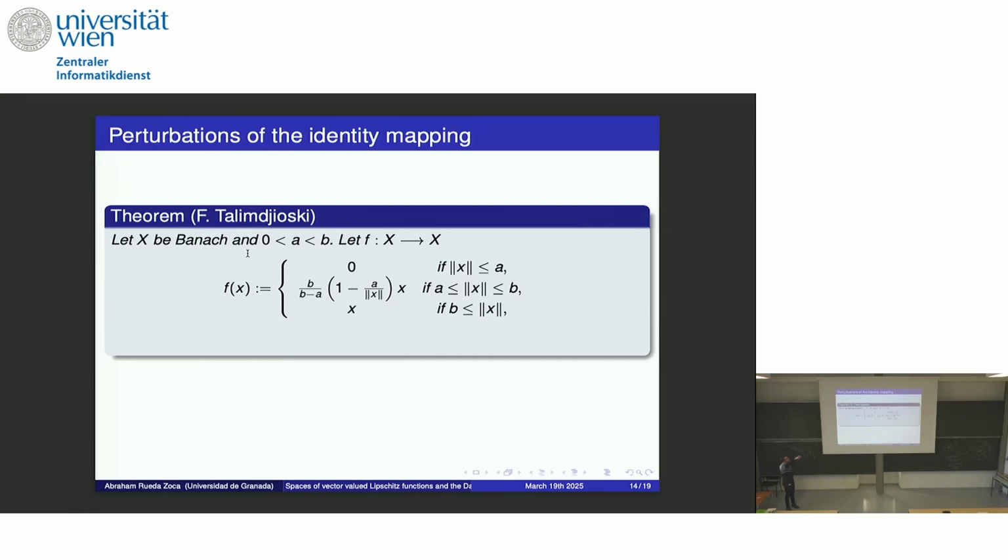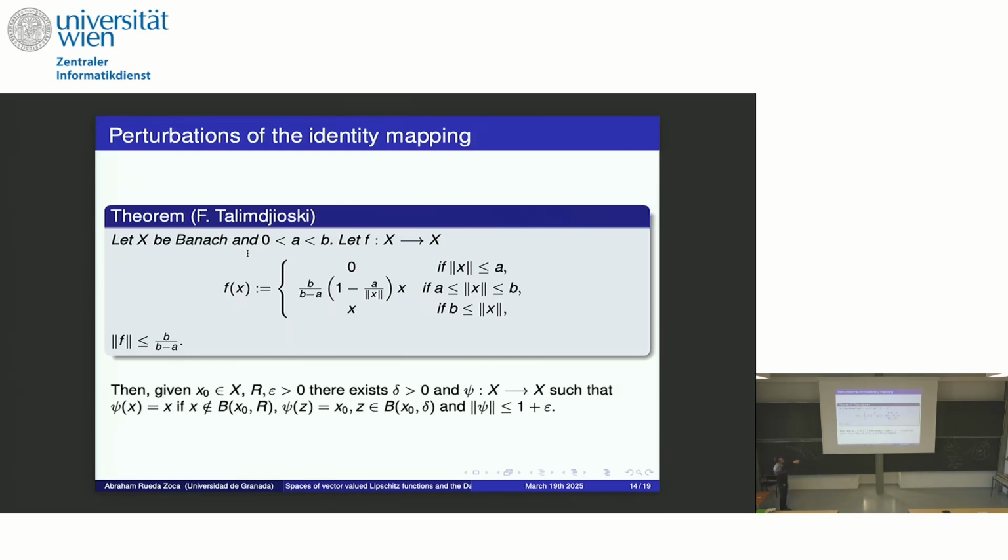And if you define it in the middle in such a way, then the Lipschitz norm of f is smaller than b over b minus a. And in particular, up to working with translation, what you can prove is that, given any r and epsilon, you can find a small enough delta and a Lipschitz function from X into itself, which is the identity out of a ball centered at x0 of your prescribed radius, which is flat at some smaller ball, and so that the norm is as close to 1 as you wish.